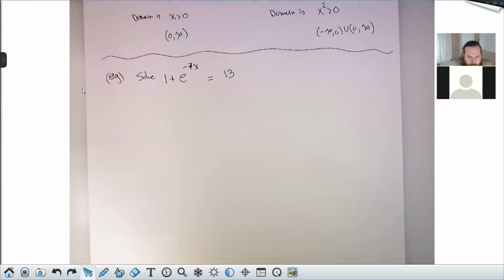So how would I solve this equation for x? Who can give me an idea of a good first step?